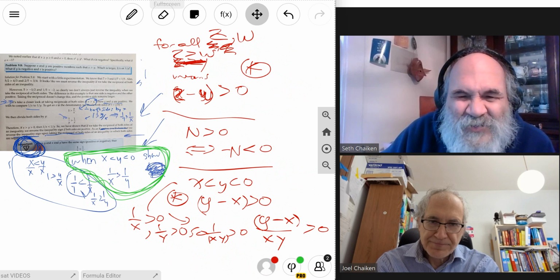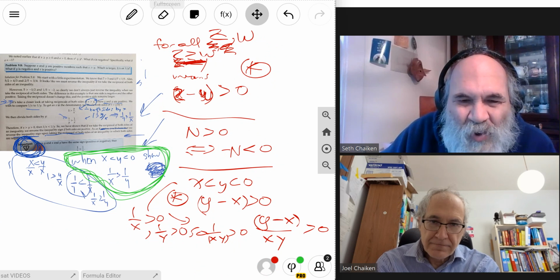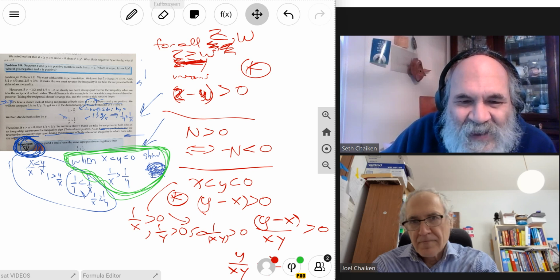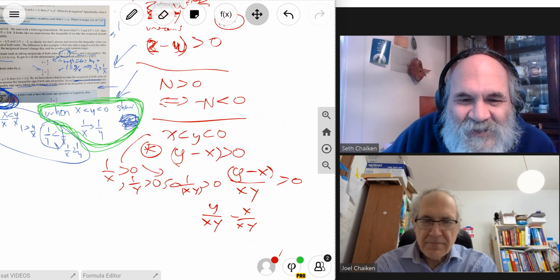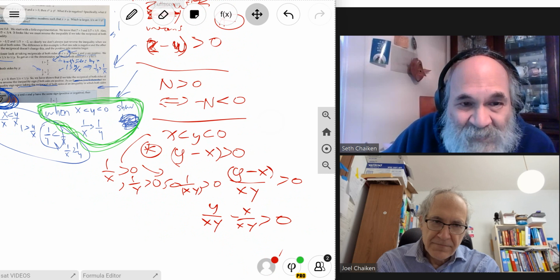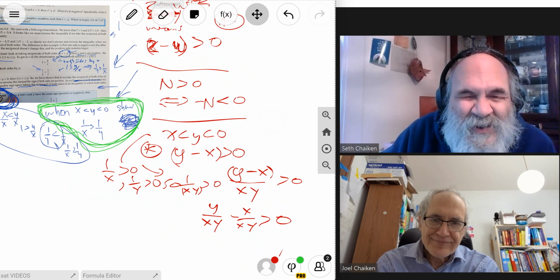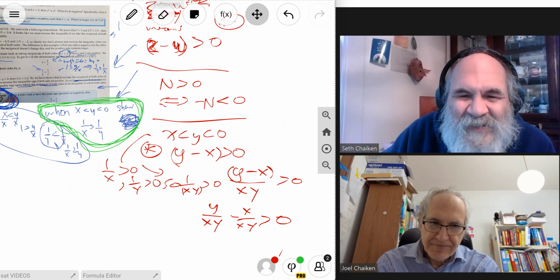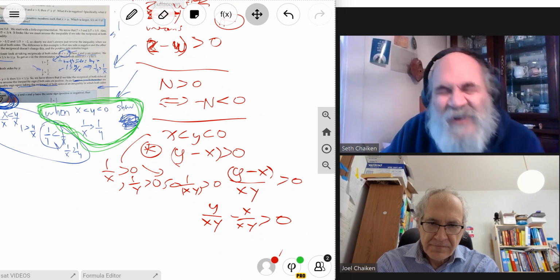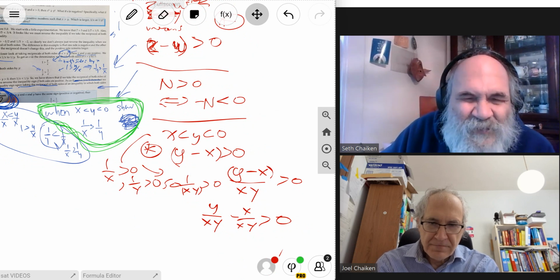And then I distribute: Y over XY minus X over XY is greater than 0. Cancel. The Y's are non-zero and the X's are non-zero, so this all makes sense. We don't have a 0 over 0 indeterminate form.